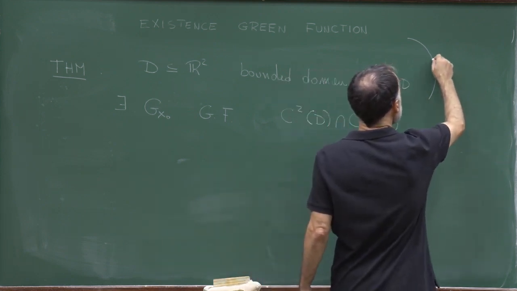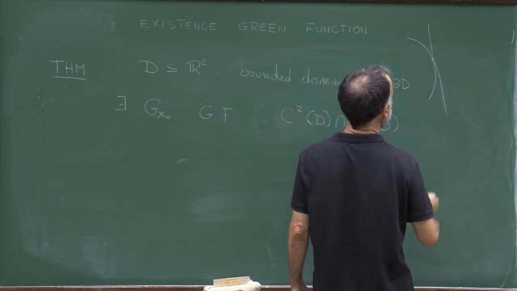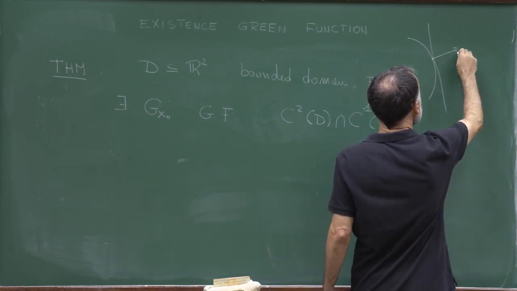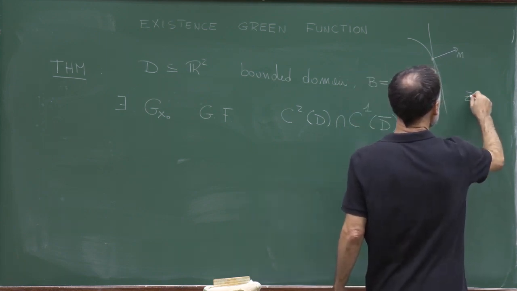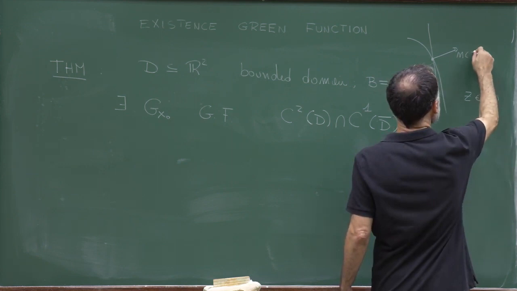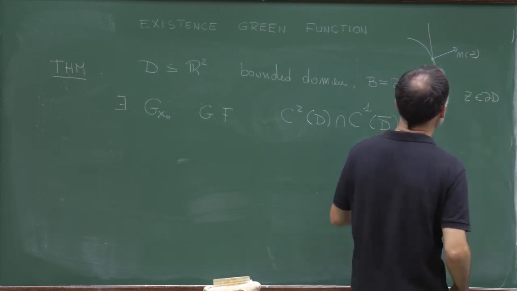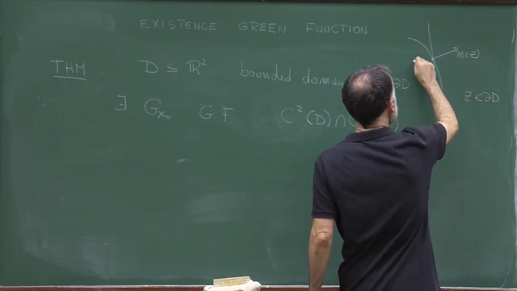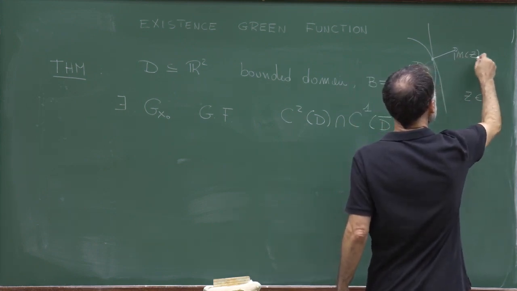So that at each point I can define a tangent plane and I can define a unit vector, which I'm calling N. I'm taking here a point Z in the boundary of D, and N of Z will be a vector which is orthogonal to the tangent plane, pointing outward, so here's the domain D, so it's pointing outward, and it has norm equal to 1.